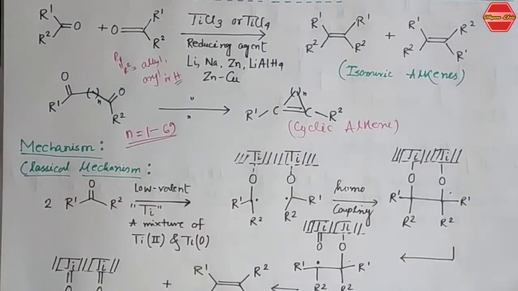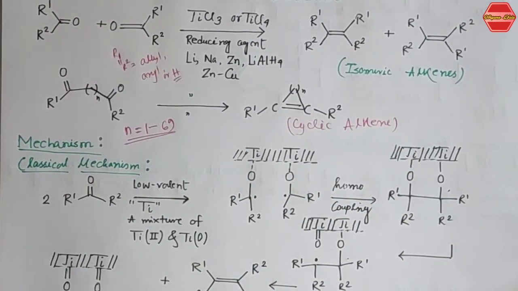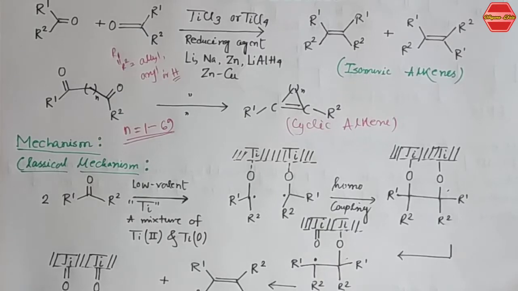Now comes the mechanism. The mechanism of McMurry coupling is not entirely clear, but it is believed that it is composed of two distinct steps. What are the distinct steps?